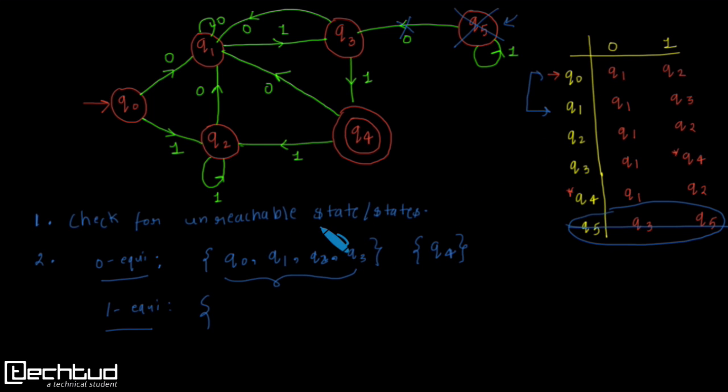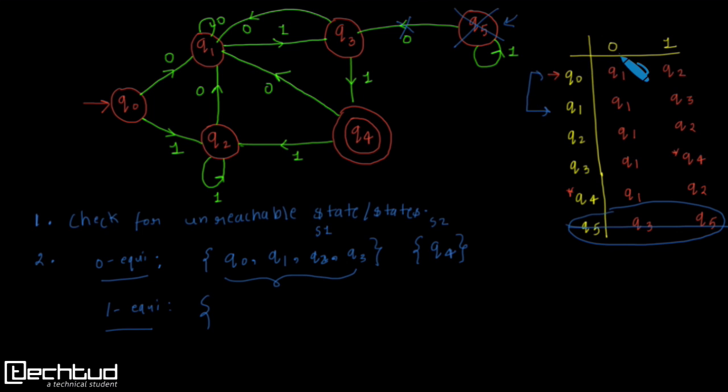You can call this S1 and this S2. Q0 on input symbol 0 is going to Q1, which is in S1, fine. Q1 also on input symbol 0 is going to Q1, which is in set S1, fine. Q0 on input symbol 1 is going to Q2, which is in set S1, fine. Q1 on input symbol 1 is going to Q3, which is also in set 1.